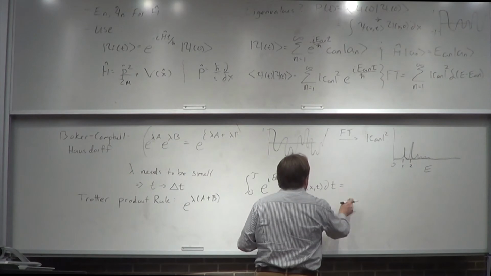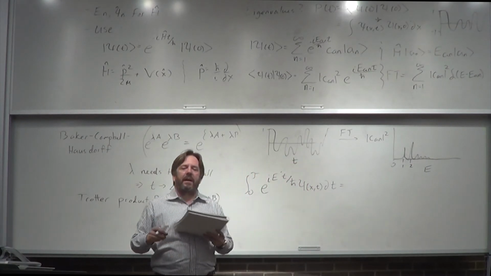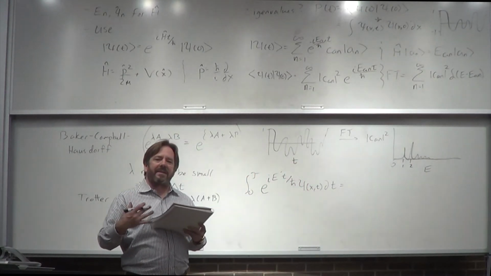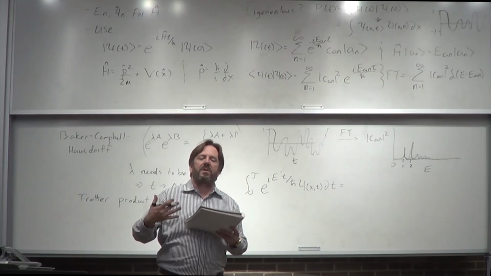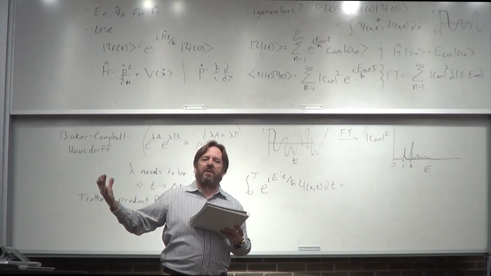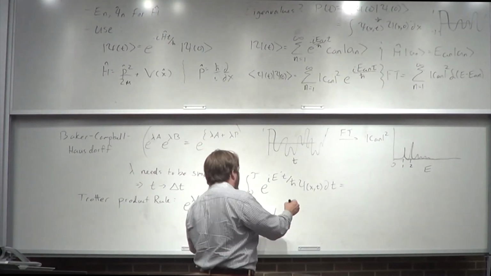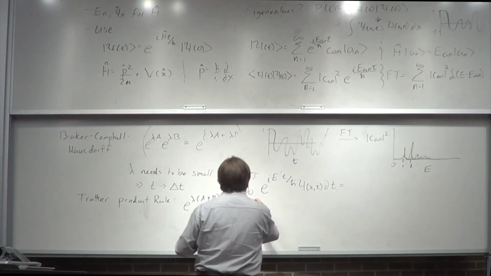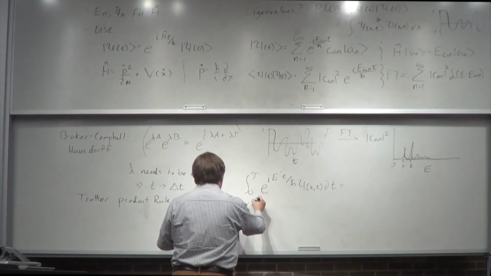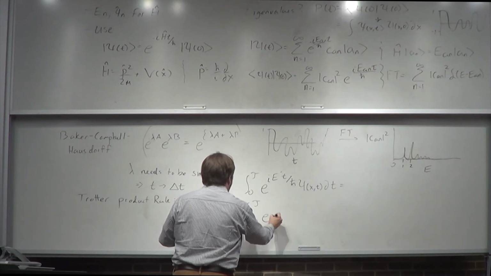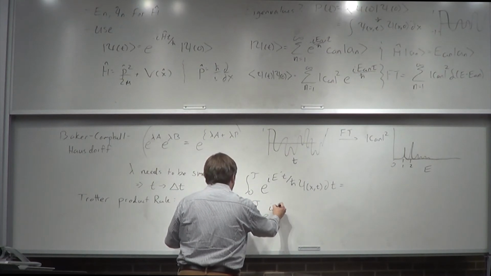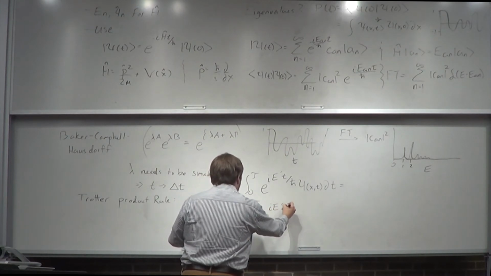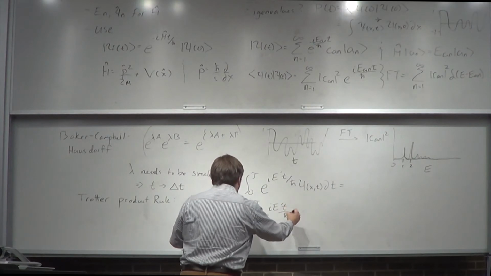Now remember that the wave function is actually a sum of eigenstates that are evolving with a coefficient times e to the i energy of the eigenstate. Okay, so let me rewrite that. Let me give myself some room. This is going to take a little bit of space here. Okay, so there's that.